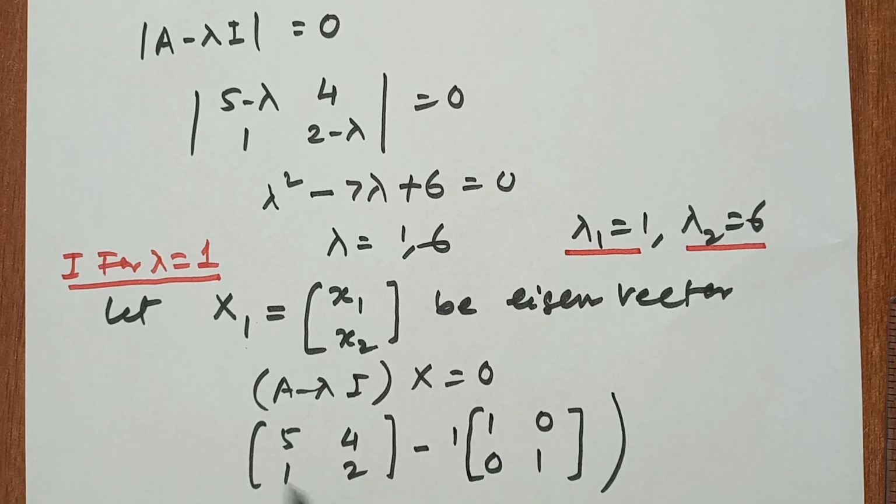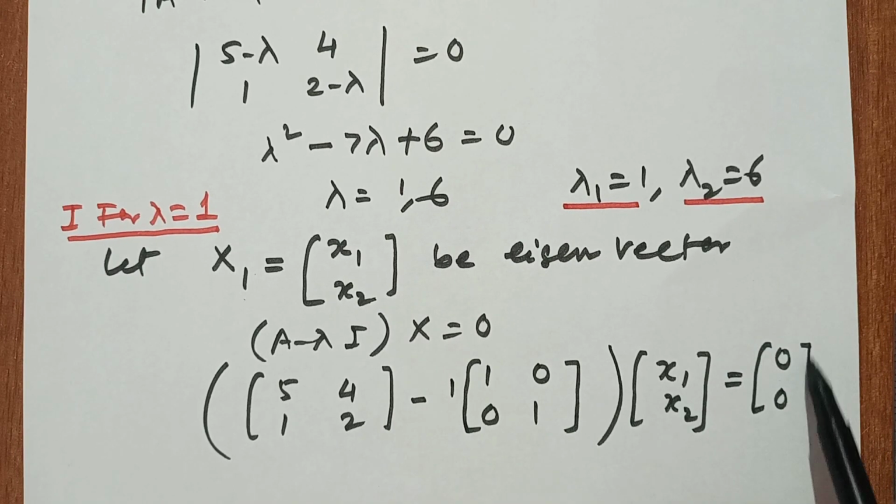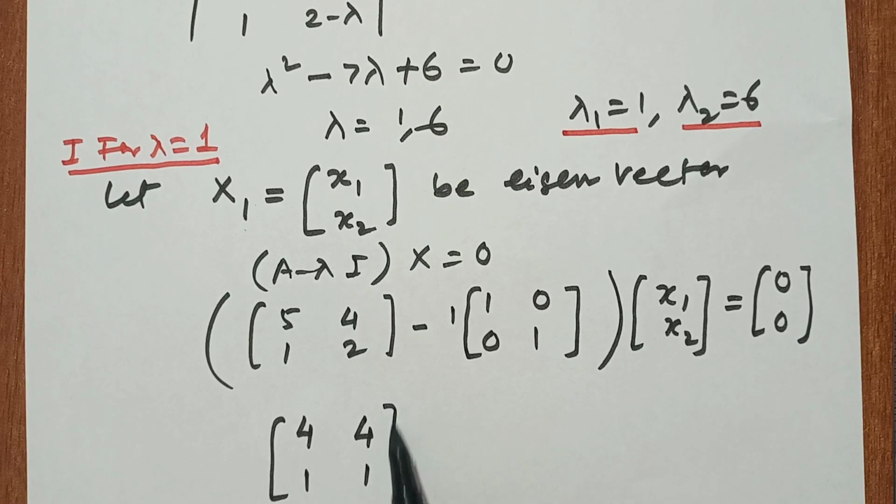And x is equal to x1 x2, and in terms of matrix the right side is the zero matrix 0 0. This is very easy to solve. 5 minus 1 is 4, 4 minus 0 is 4, 1 minus 0 is 1, and 2 minus 1 is 1. This is multiplied by x1 x2.